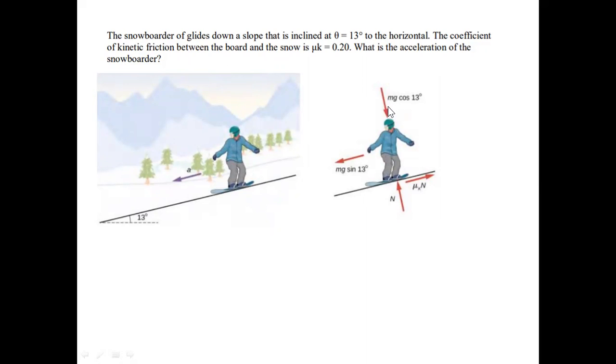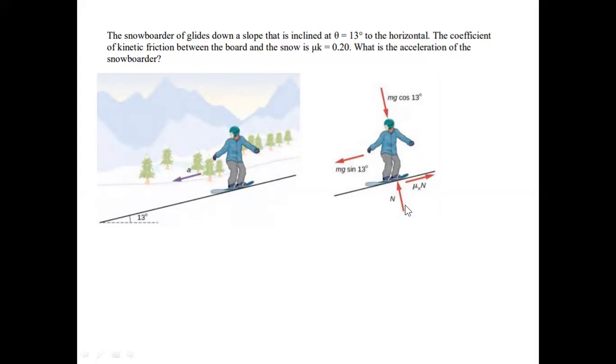If we're going to consider our analysis with the inclined plane, the y components of the weight of the snowboarder is mg cosine 13 degrees. If we're going to apply the trigonometry, the x components or inclined x components of the weight of this snowboarder gives us mg sine of 13 degrees.